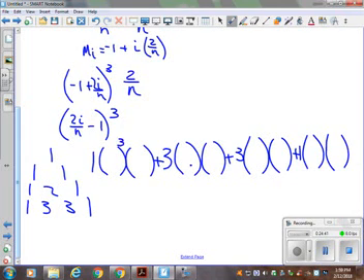Because this is 3 and 0, 2 and 1, 1 and 2, and 0 and 3. Because you want the first one to start with the highest power and work its way down, and then start on the second parentheses the other way and work your way the other way. They all add up to 3. And then you put in your items.